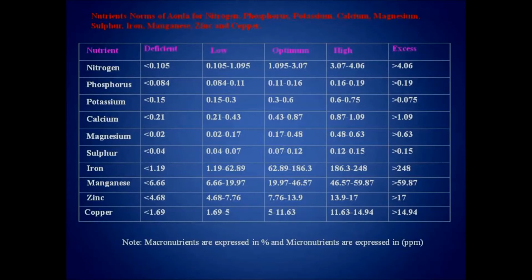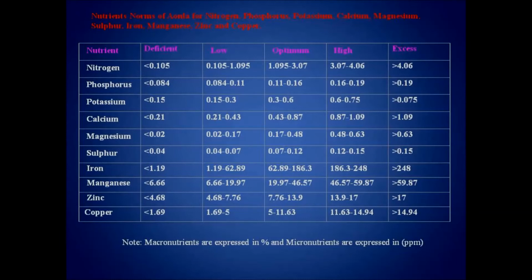Mean plus or minus 4/3 SD belongs to the optimum population, and more than mean plus 4/3 SD belongs to the high population, and greater than mean plus 8/3 SD belongs to excess.